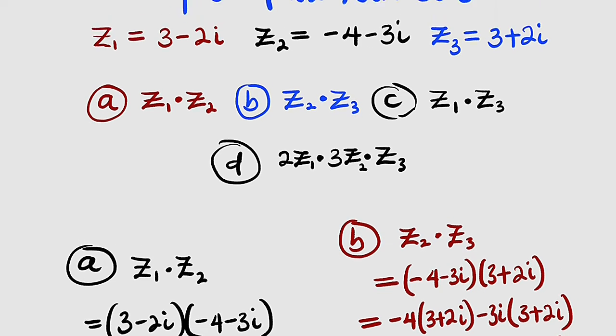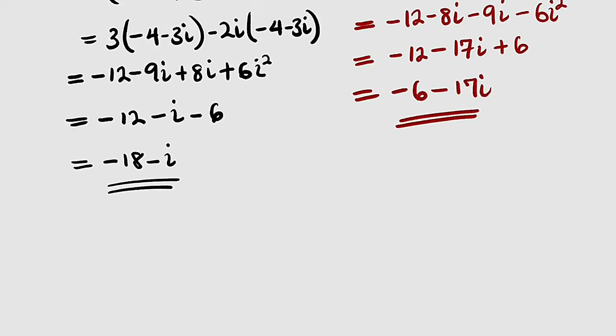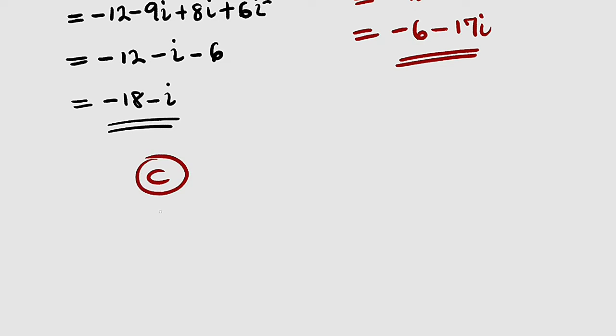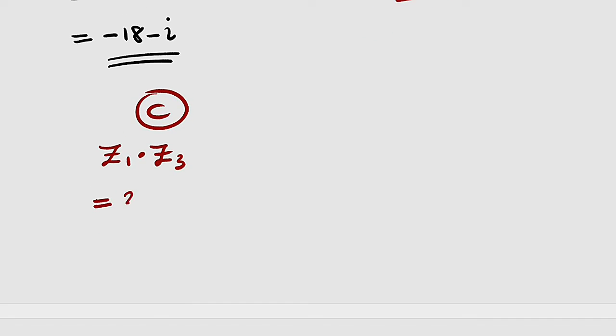If you look at z1 and z3, they are just conjugates of each other, right? So we are multiplying 3 minus 2i by 3 plus 2i. So C part, z1 multiplied by z3. This is equal to 3 minus 2i multiplied by 3 plus 2i.